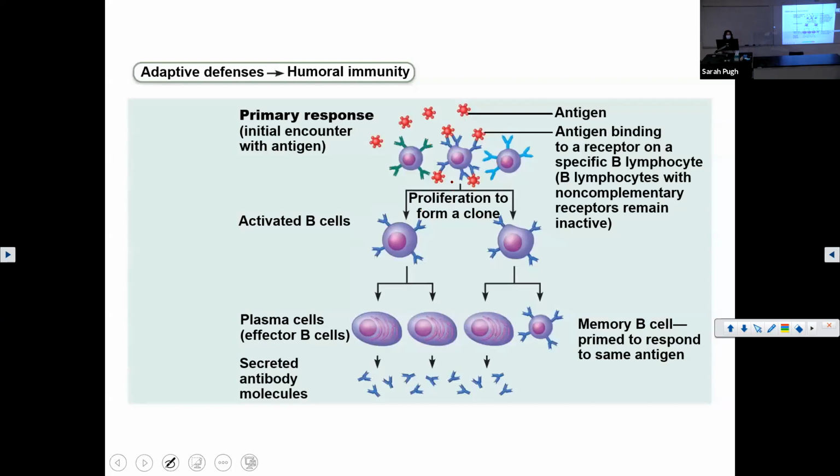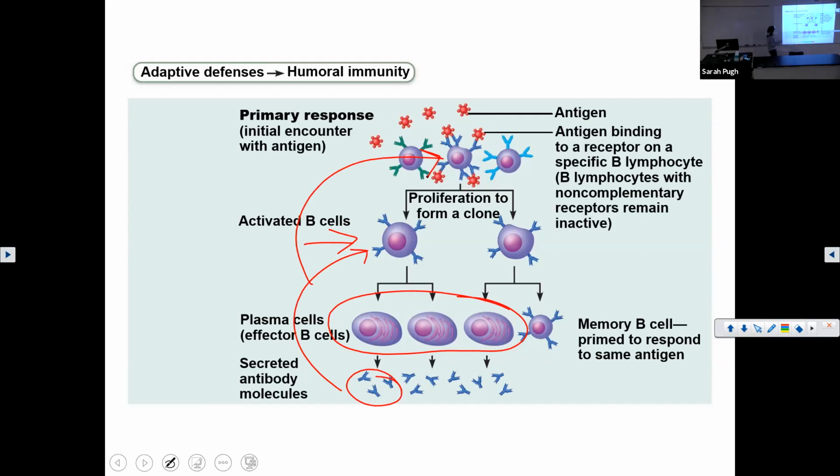Okay, so let's go back to this picture. You see these clones. Most of these turn into this type of cell right here. Those are plasma cells, and plasma cells make antibodies. Look at those antibodies. They look pretty identical to the receptors that you find on that activated B cell, right?